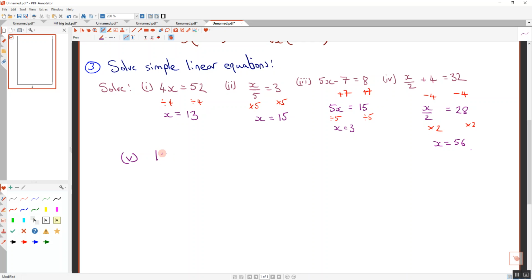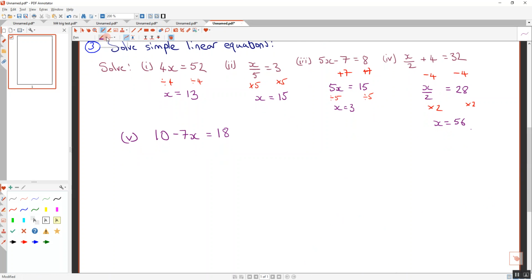Because I'm feeling nasty, take away 7x is equal to 18. Figure out that one for me, please. Now, if you go through it with the correct steps, setting out your work, you're more than likely going to get it correct, okay?